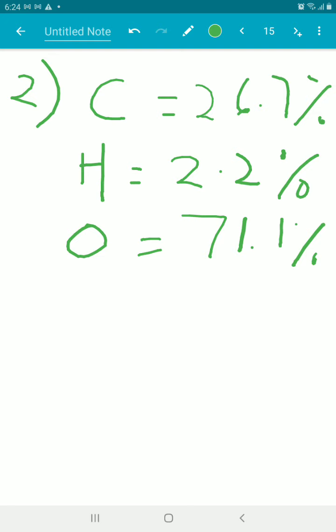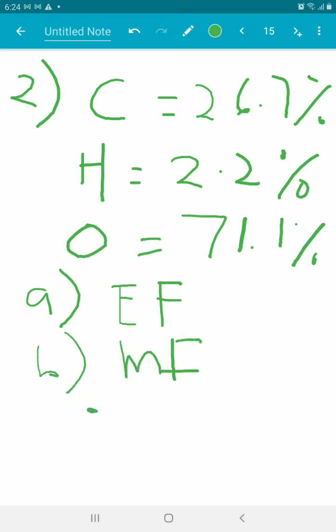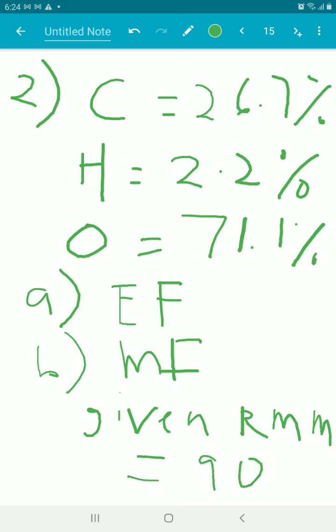A, determine the empirical formula, and B, determine the molecular formula given RMM equals 90. So that is question number 2.